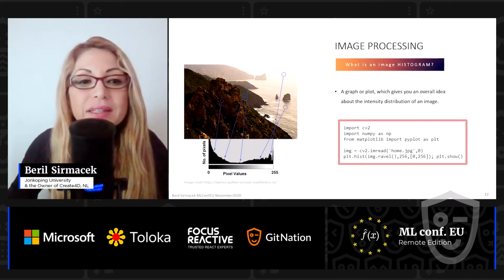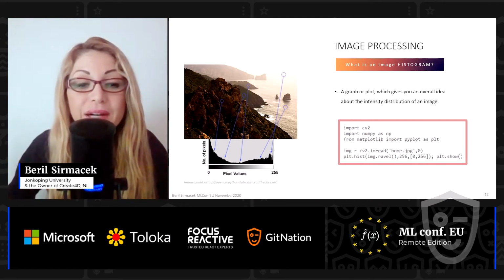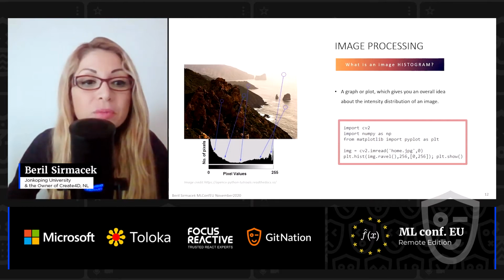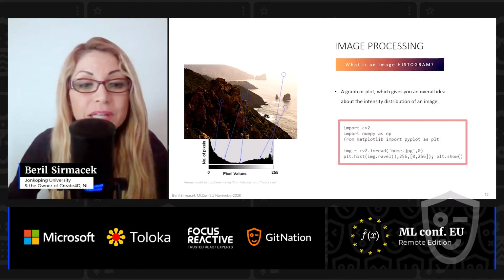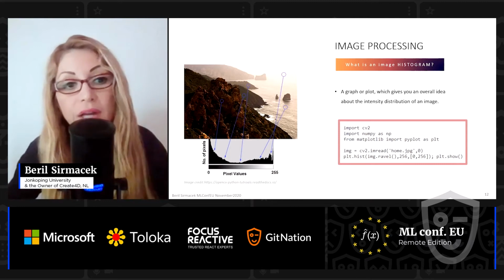If you look at the distribution, how many bright pixels there are in this image, if you look at the statistics, you see that some accumulation is happening close to 0 and some accumulation is happening close to 255, the higher values.